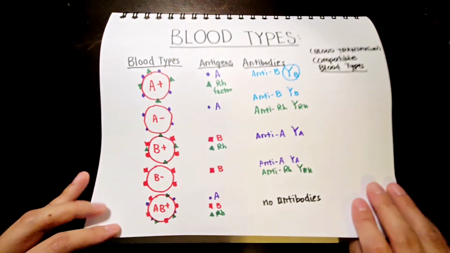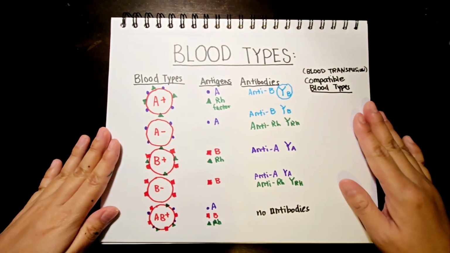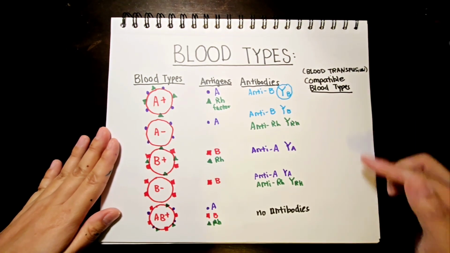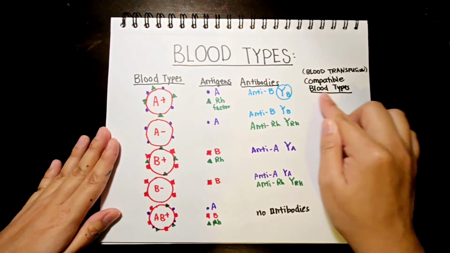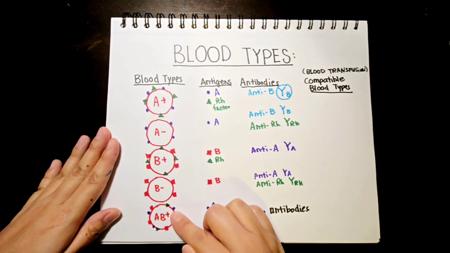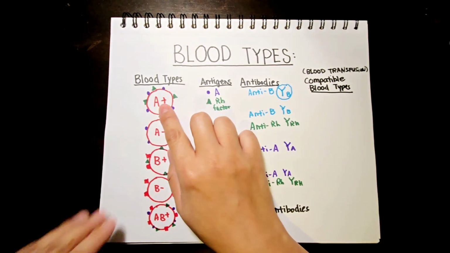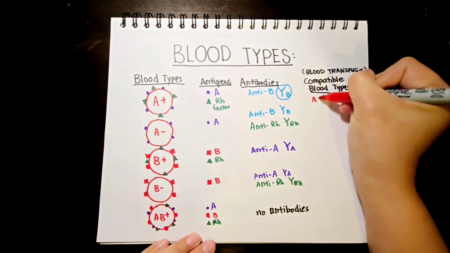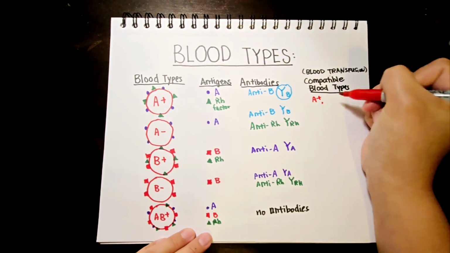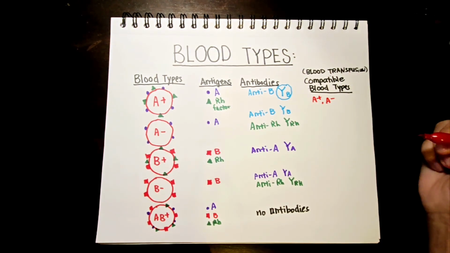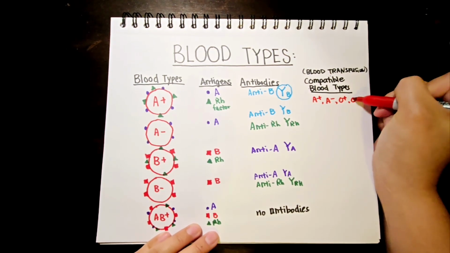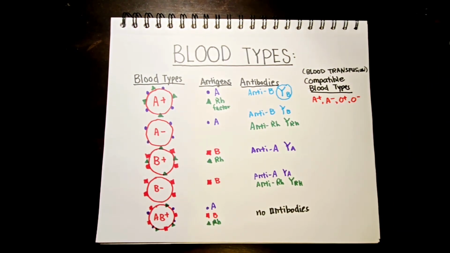So if we revisit the blood type chart here, I have added another column with the compatible blood types for these individuals. If you're A positive blood type, you can only receive from A positive blood, A negative blood, O positive blood, and O negative blood. Why?